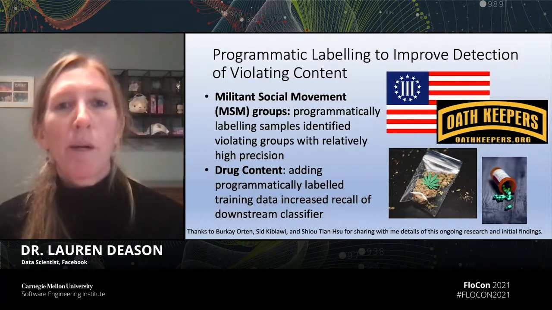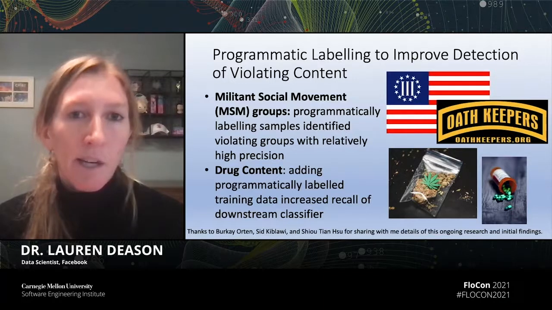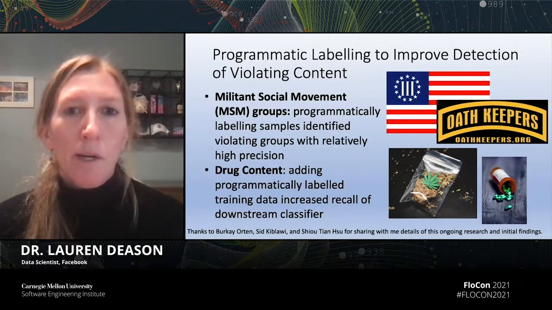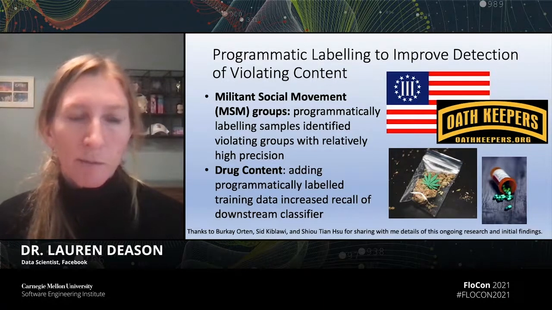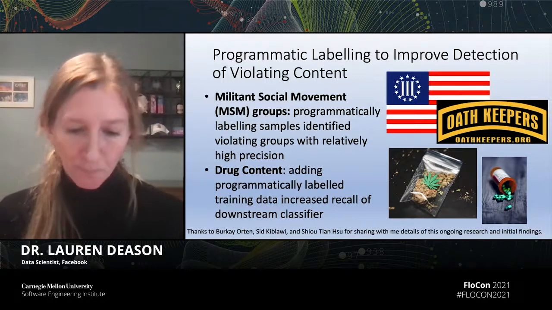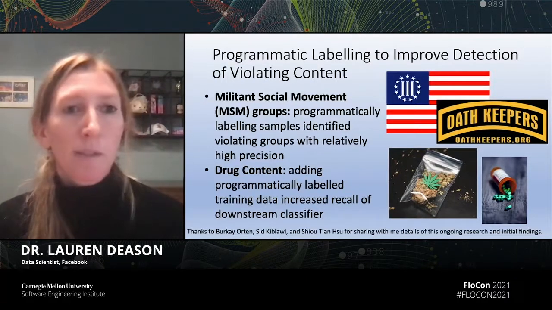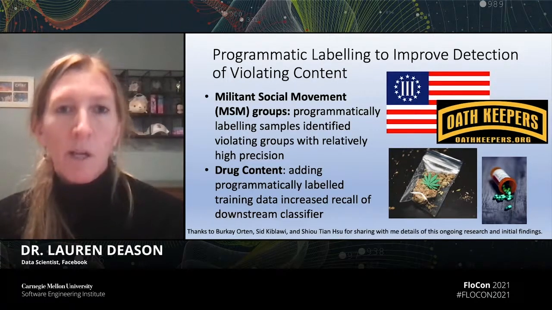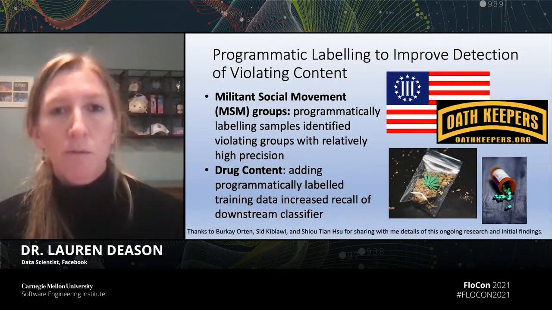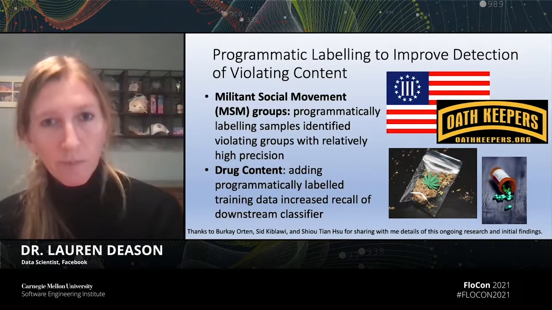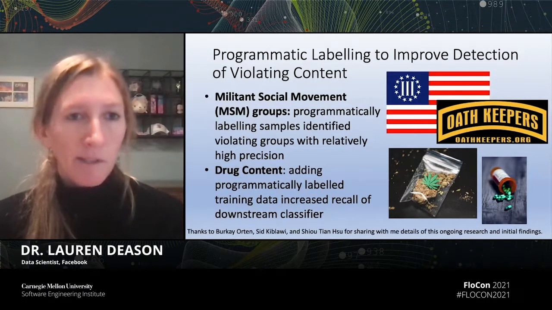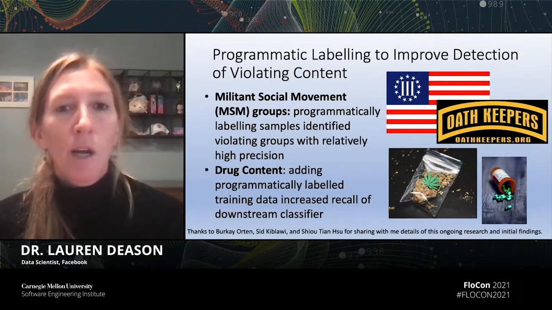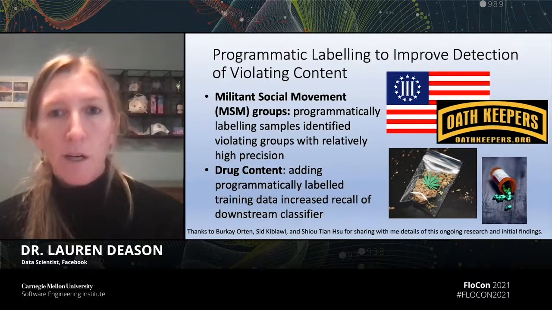It comes from a couple of teams that focus on detecting violating content in the realm of militant social movements, which are basically groups on Facebook that explicitly declare an intent to be violent and organize as a militia, which will cause them to be removed from the platform. And another team that focuses on illicit trade, including drugs and firearms.